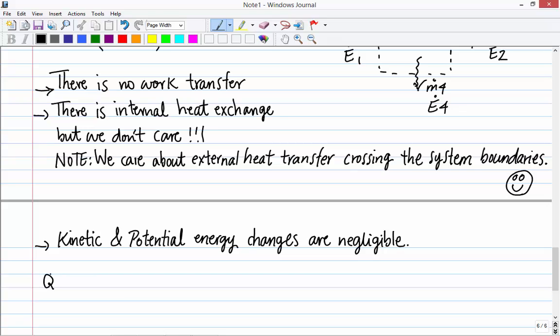Let me rewrite my modified first law. Summation over energy carried by mass through inlets, h plus V squared divided by 2, equals Q dot out plus W dot out, plus sigma m dot.